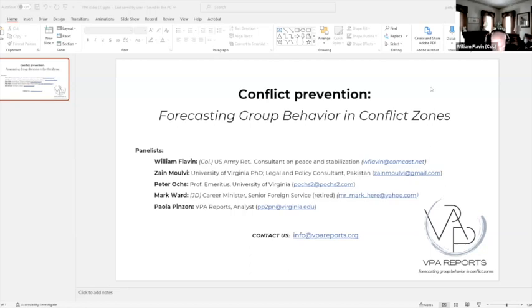The first speaker is going to be Mark Ward, who is a career minister, a foreign service officer, who worked in USAID for years in humanitarian assistance and development. He'll be followed by Peter Oakes, professor emeritus at the UVA Department of Religion. He is the director of field research and has developed the tool that we're going to be discussing.